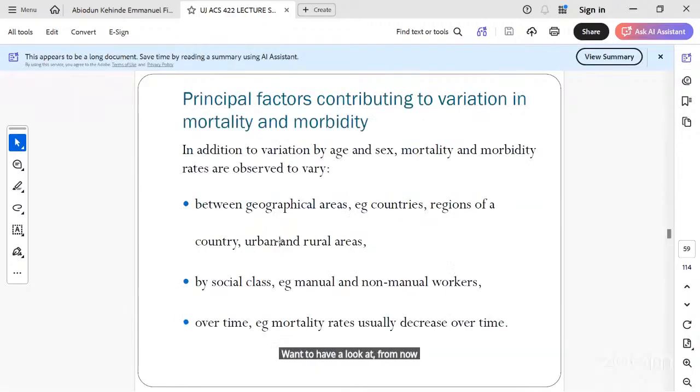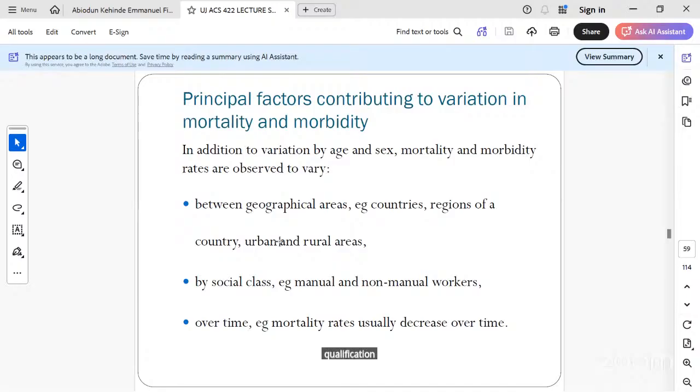So there are some factors that have been identified, and those factors are age, sex, geographical location, the class in which that individual is, the educational qualification of that individual.